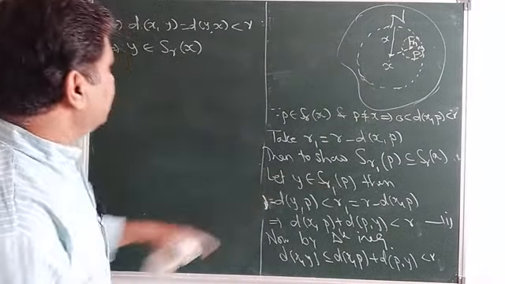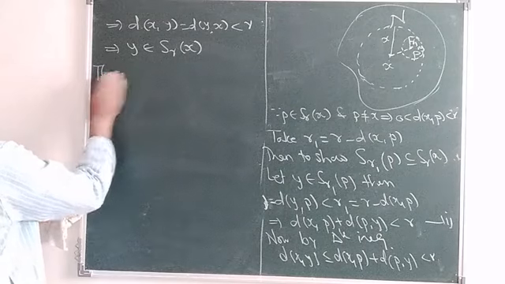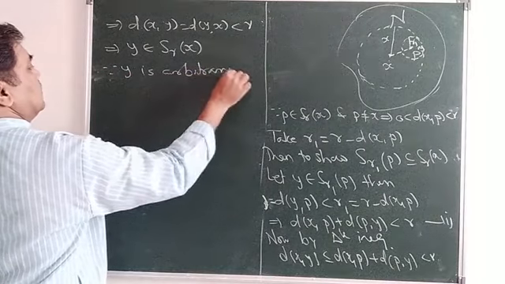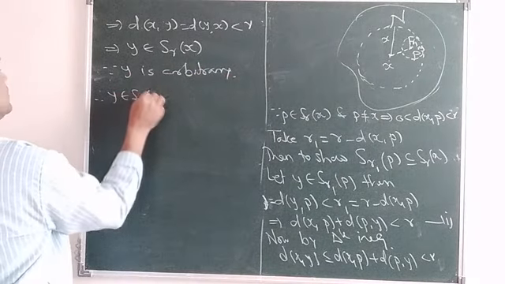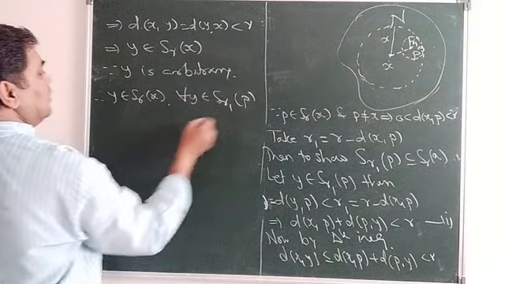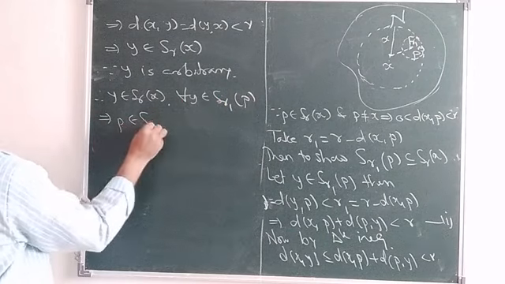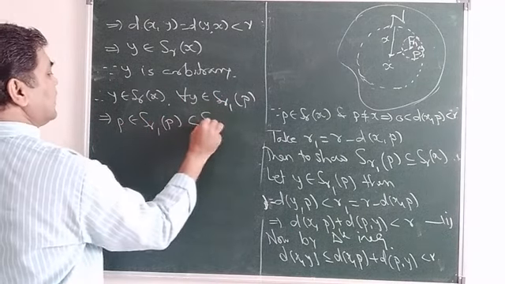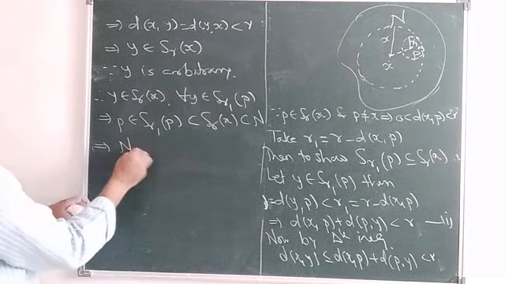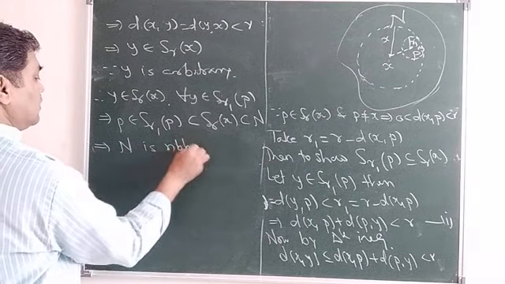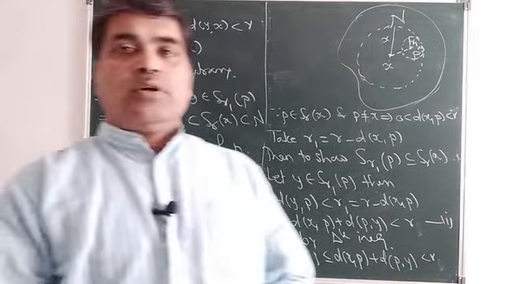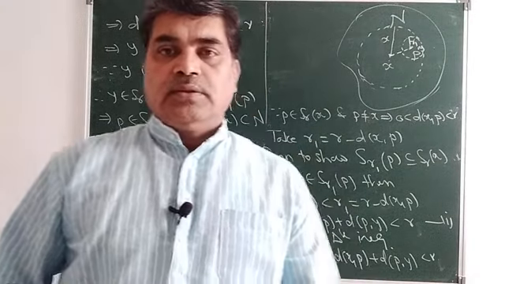Y is an arbitrary point, therefore Y belongs to S_R(X) for every Y in S_R1(P), which implies P belongs to S_R1(P), contained in S_R(X), contained in N. This implies N is a neighborhood of P. Is it clear?